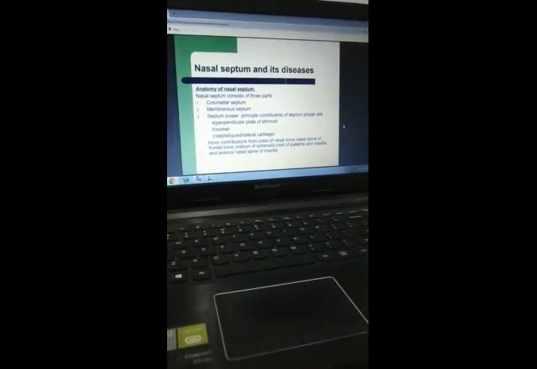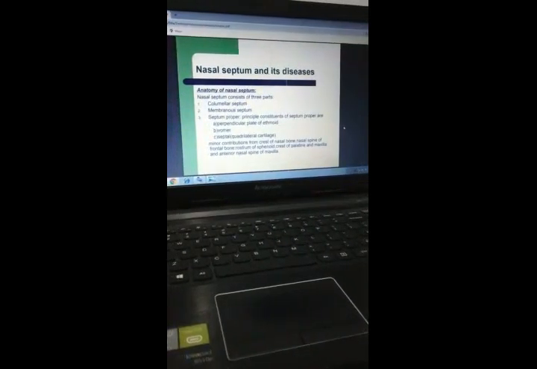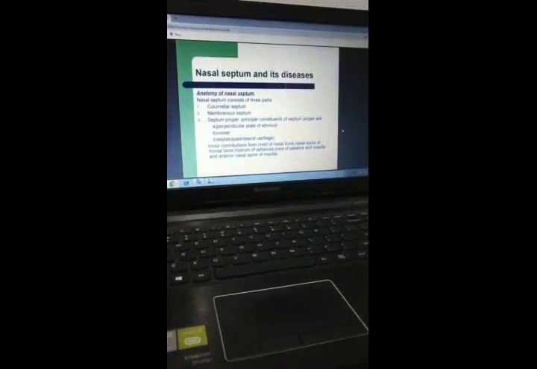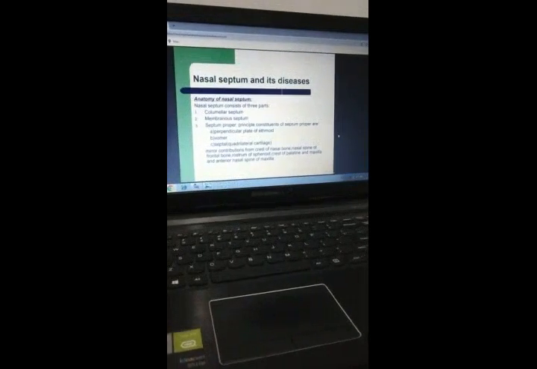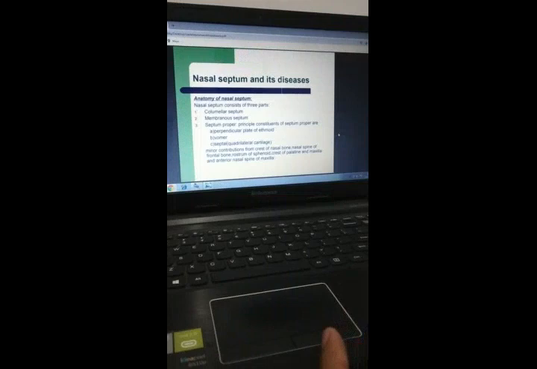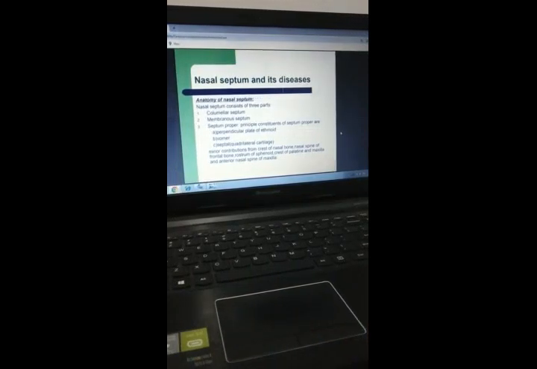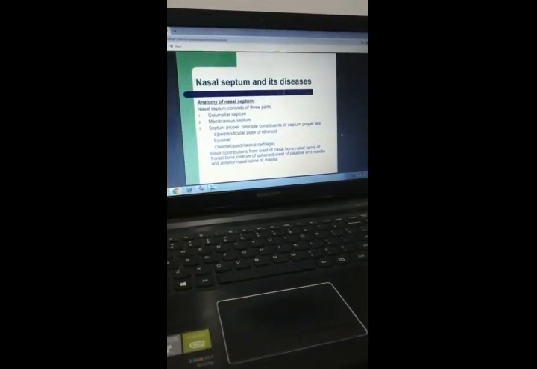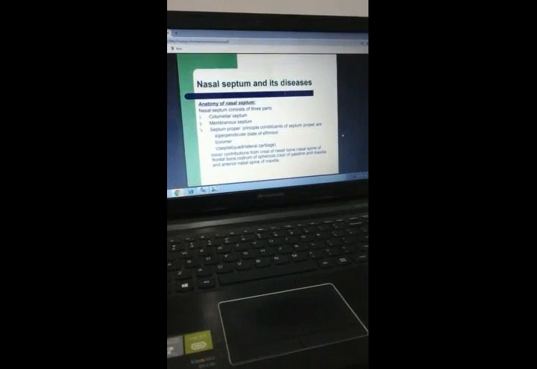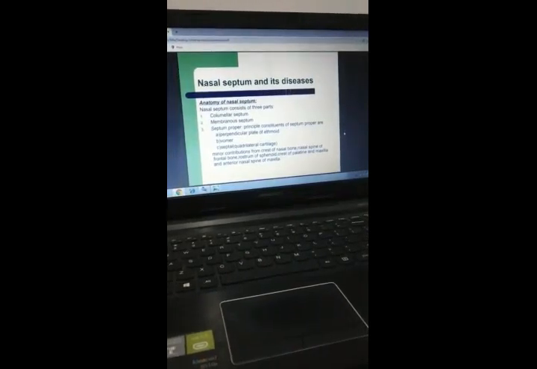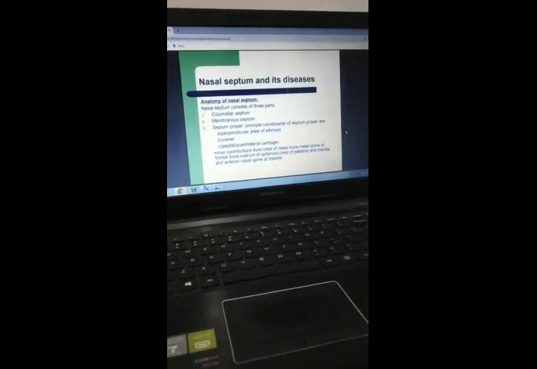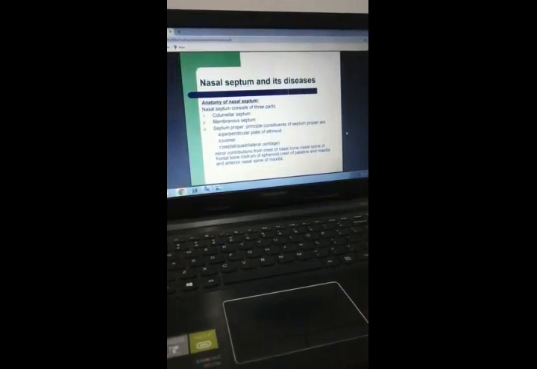Nasal septum consists of three parts. First is the columnar septum, second is the membranous septum, and third is the septum proper. The columnar septum is formed of the columella containing the medial crura of the alar cartilages united together by fibrous tissue and covered on either side by skin.